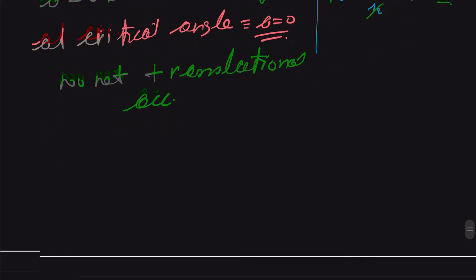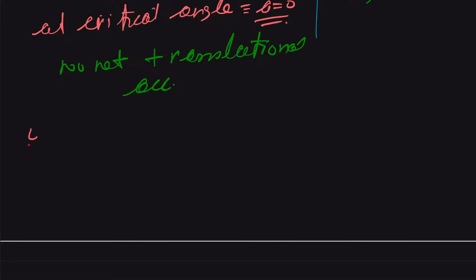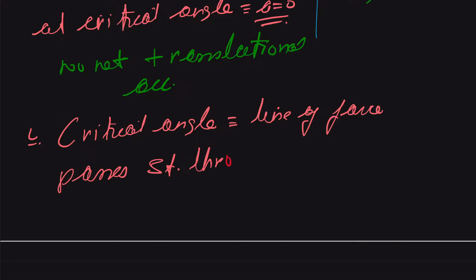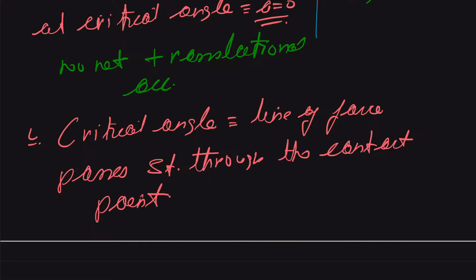Therefore at critical angle, the line of force passes straight through the contact point, so pulling cannot rotate the yo-yo at all.